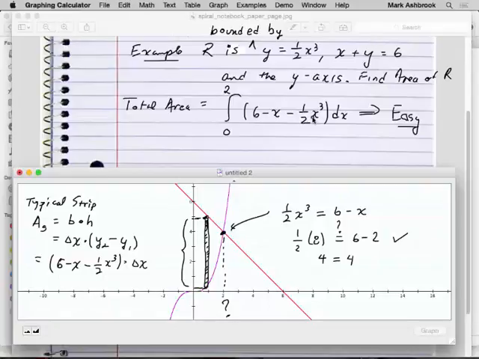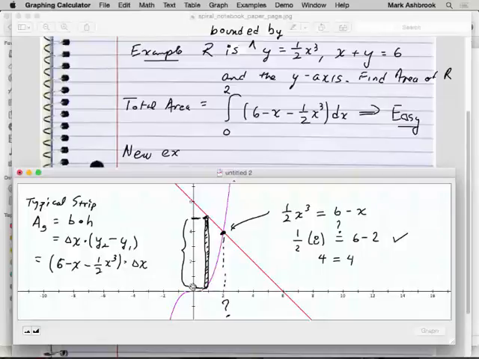Other questions? Okay. So last chance for questions on this one. How did you find it? Okay, so I need to get this distance from here to here.